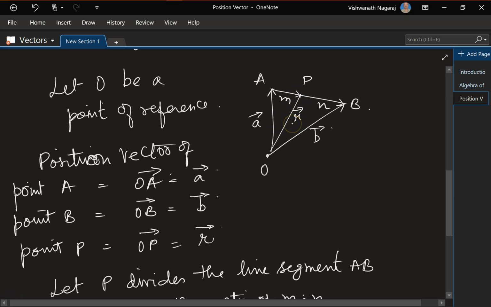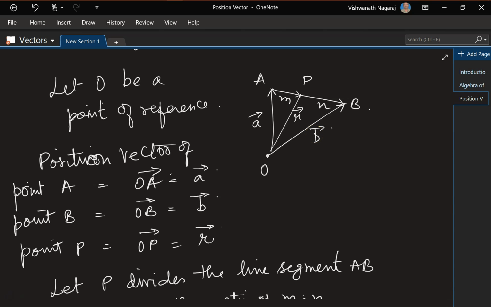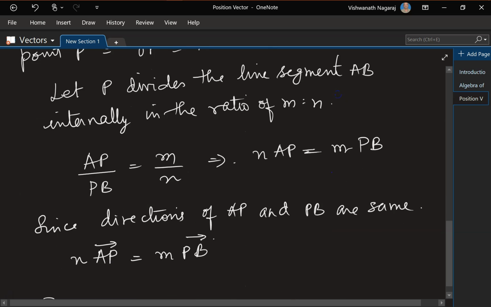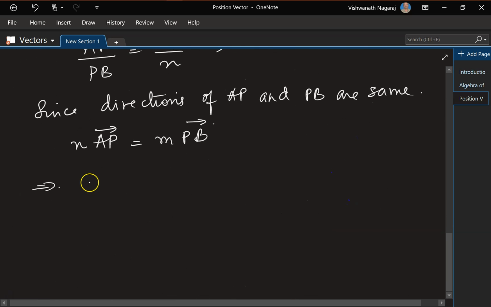AP can be written as R minus A. Similarly, PB can be written as B minus R. So n times (R minus A) is equal to m times (B minus R).